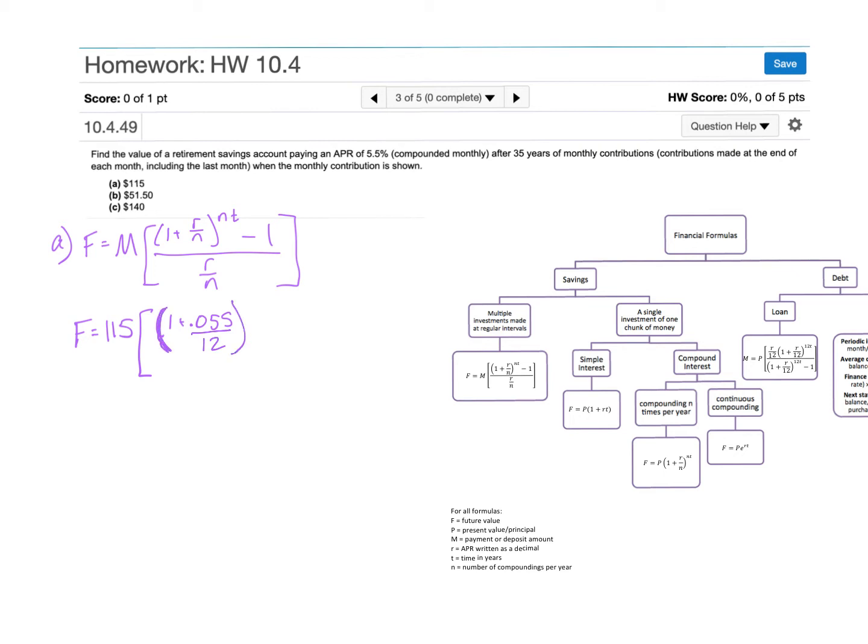Raise all of that to the NT, where N is 12 and T is time, which is 35 years. Then minus 1, all over R over N, so 0.055 divided by N, which is 12.